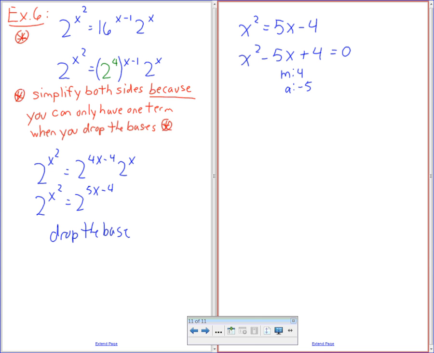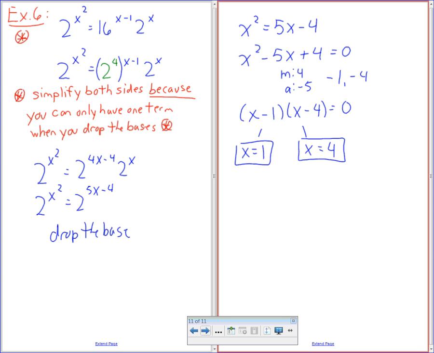Negative 1 and negative 4. So we have x minus 1, x minus 4 equals 0. We thought we were done factoring. We'll never be done factoring. Never. Even in quadratics we factor, even in trig we factor. Wait till you see that test.